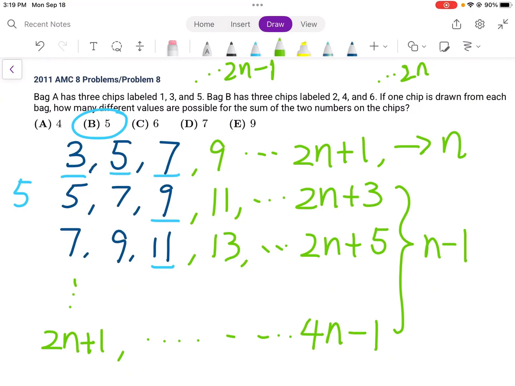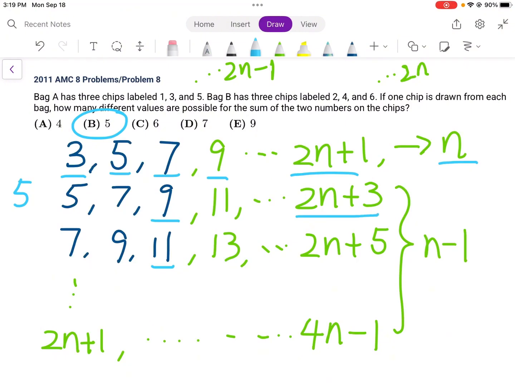So now let's again look at the different numbers. The values in the first row will all be different. Therefore, we have n different numbers. But from the second row on, we will only have the last number different.